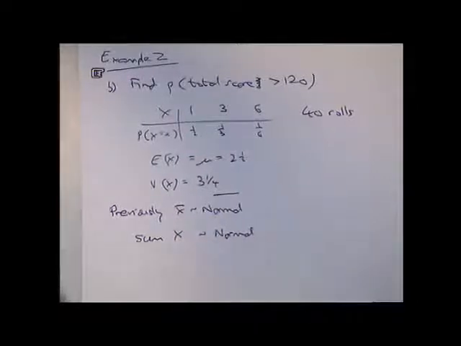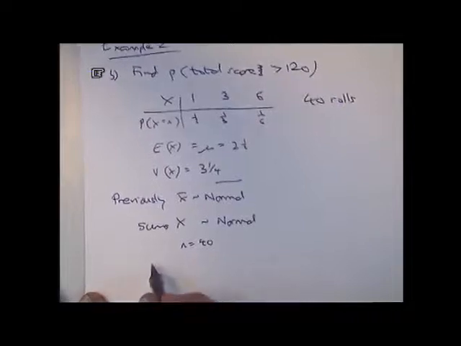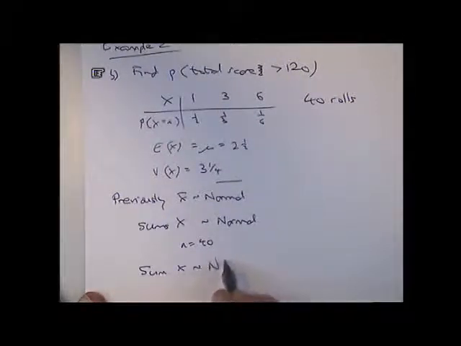Totals would also follow the normal distribution. So sums of x's follow the normal distribution. I'm just going to write it down again. We had n being 40. So the sum of x will follow the normal distribution.